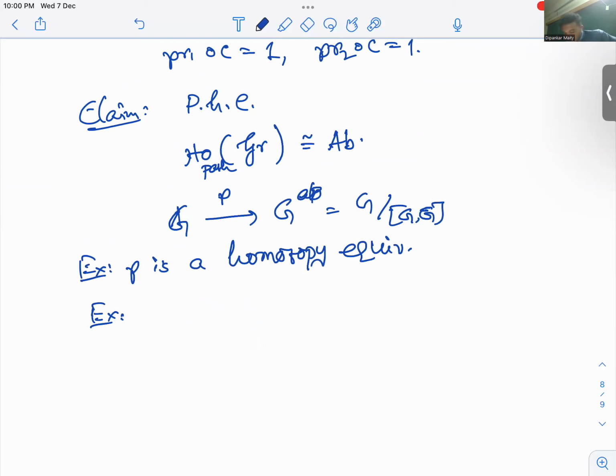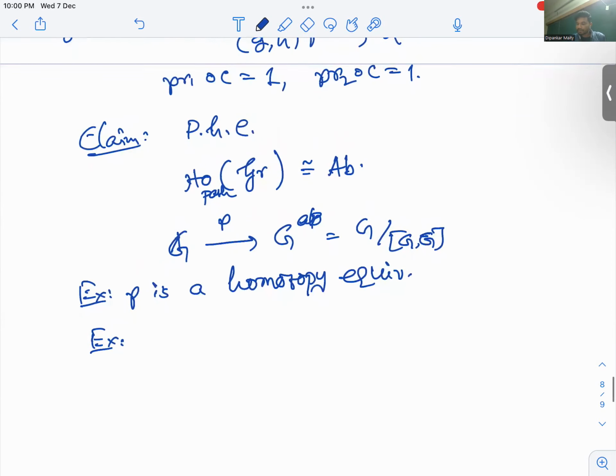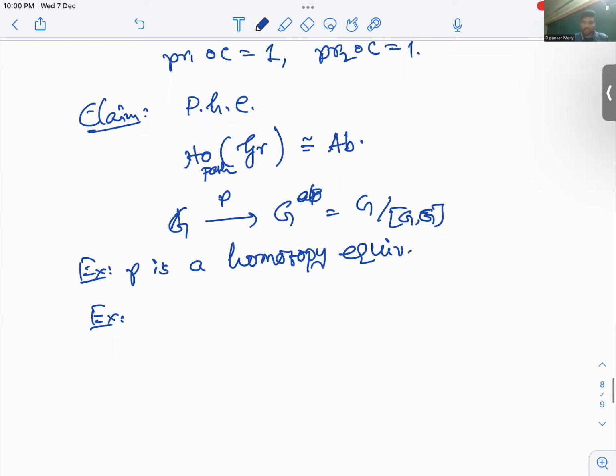This is a nice exercise. But the point is, once P becomes a homotopy equivalence, once you invert all homotopy equivalences, the homotopy type of a group becomes the corresponding abelianization, and therefore the category of homotopy types in the category of groups along this path structure becomes precisely the category of abelian groups. Prove the claim.